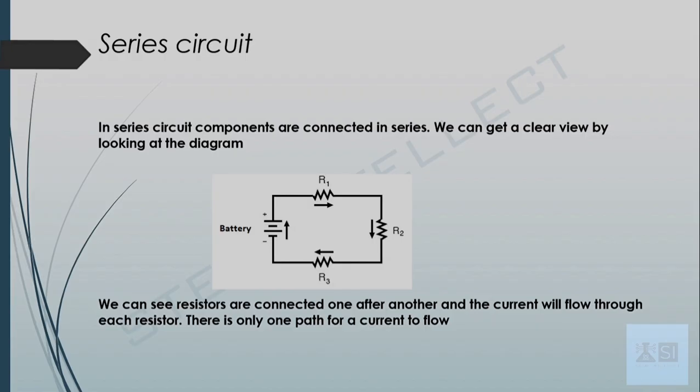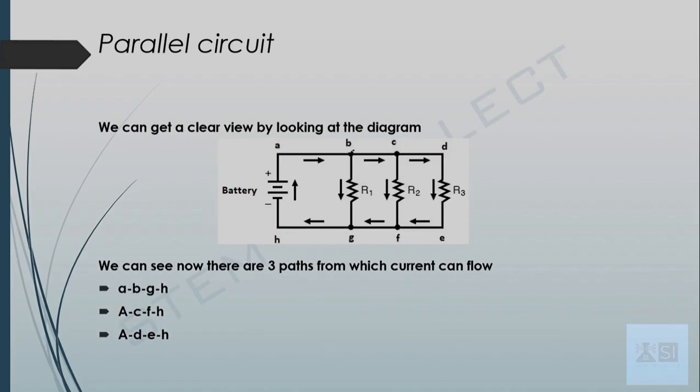If I replace the resistances by LEDs, suppose the LED at R1 gets damaged, and the circuit will now be incomplete. The path will not be continuous now. So the functionality of the other two is also affected because of the first one. That is the problem in the series circuit. Okay. The next one is the parallel circuit.